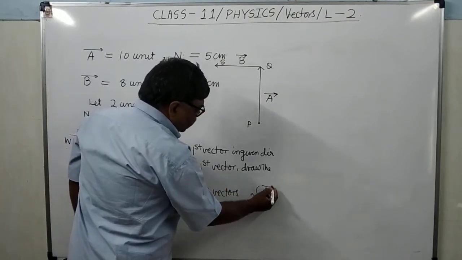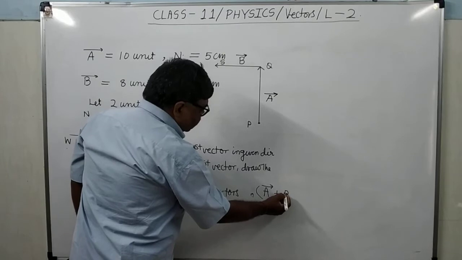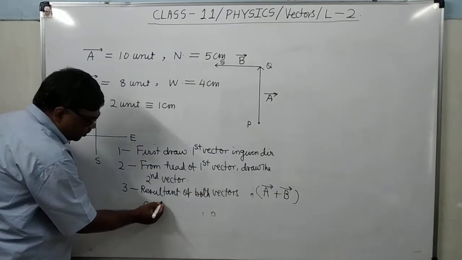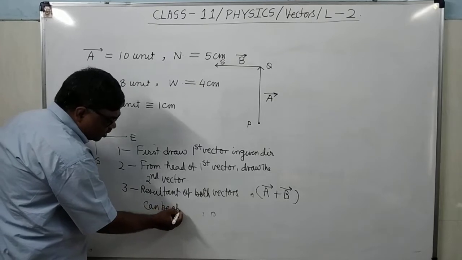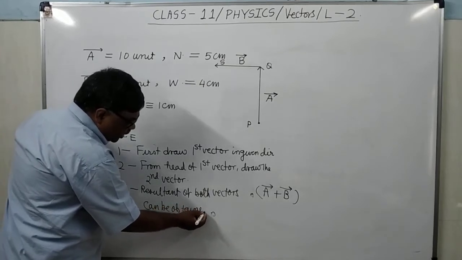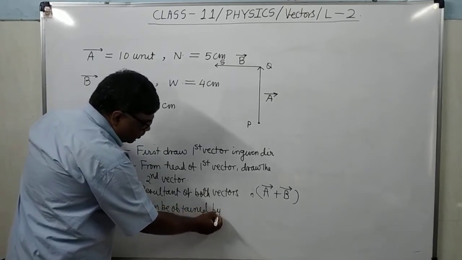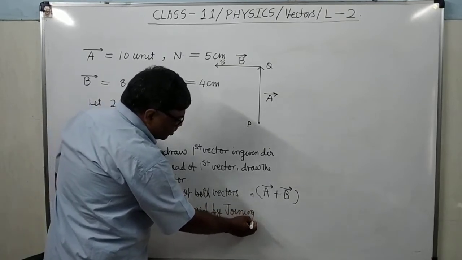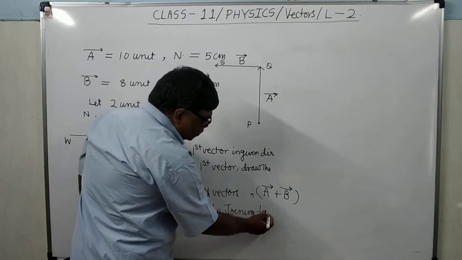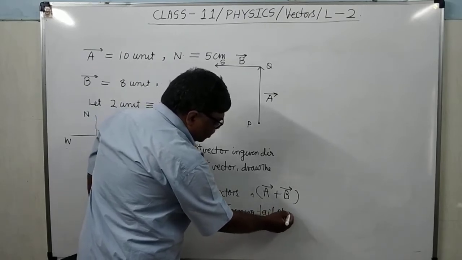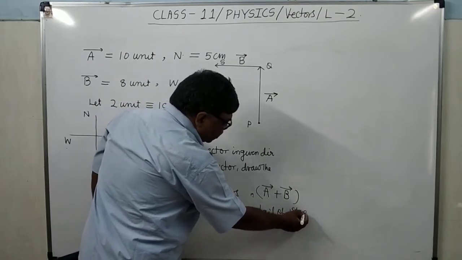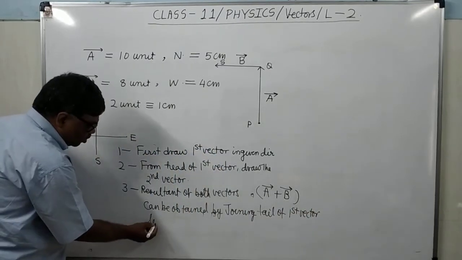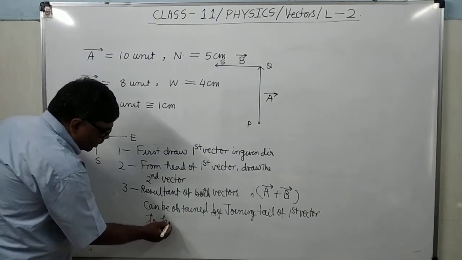The resultant of both the vectors, vector A plus vector B, can be obtained by joining the tail of the first vector to the head of the second vector.